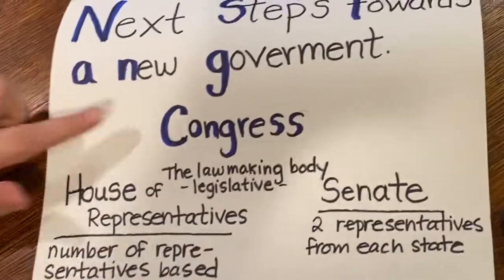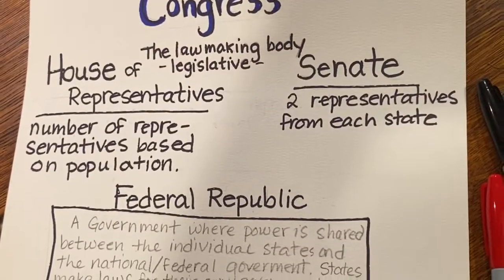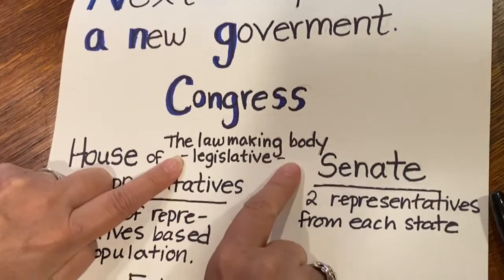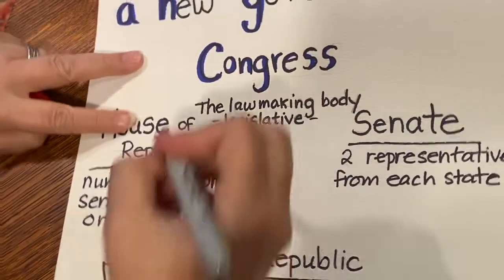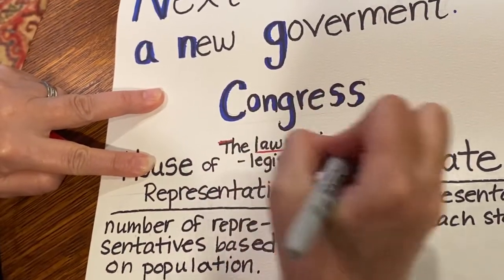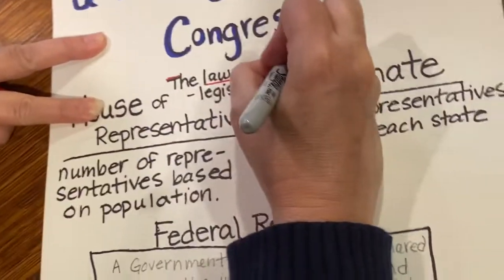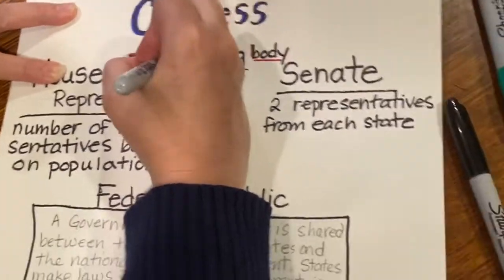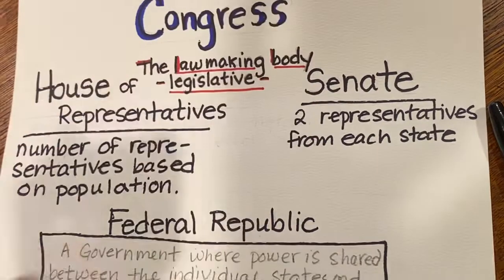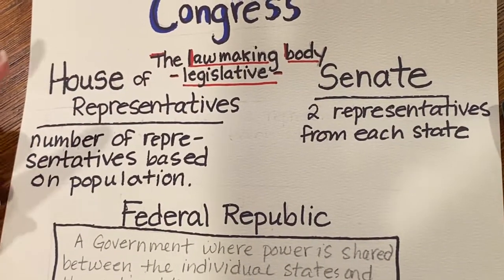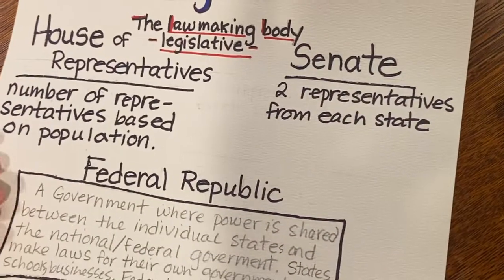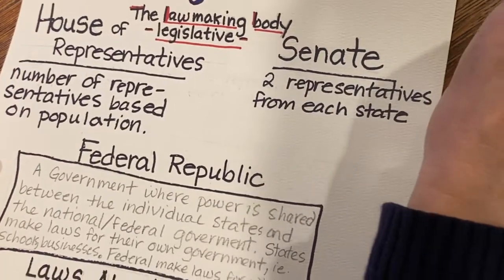Okay, so I've got Congress here, and then I want to show that there's two different sections. This is really important because that's the definition. So I'm going to give that a little underline, a little color accent, like that. And then I think what I'm going to do here with the House of Representatives and the Senate is do those in two different colors.